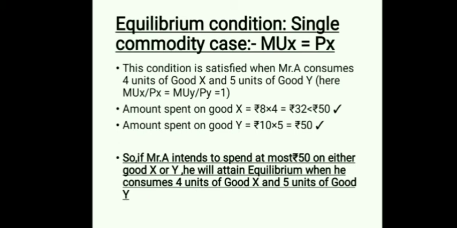Exactly 50, so the consumer can proceed. So according to the given constraint, Mr. A will be at equilibrium when he consumes 4 units of good X and 5 units of good Y.